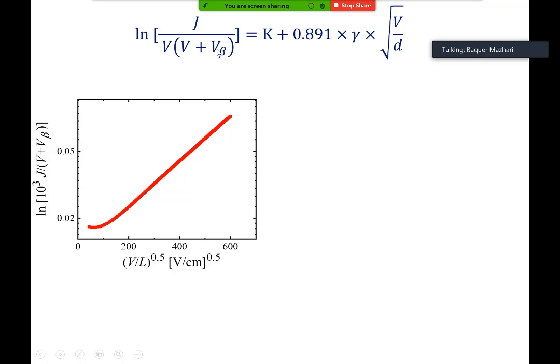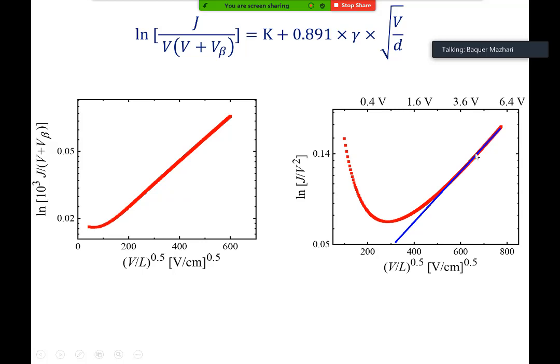But if we use this improved expression, note that the plot of the right-hand side versus left-hand side becomes much more linear as compared to the previous plot that I just showed, right? Which tells us that the model is much more accurate. And if we use this model to estimate the mobility parameters, they're likely to be much more accurate.